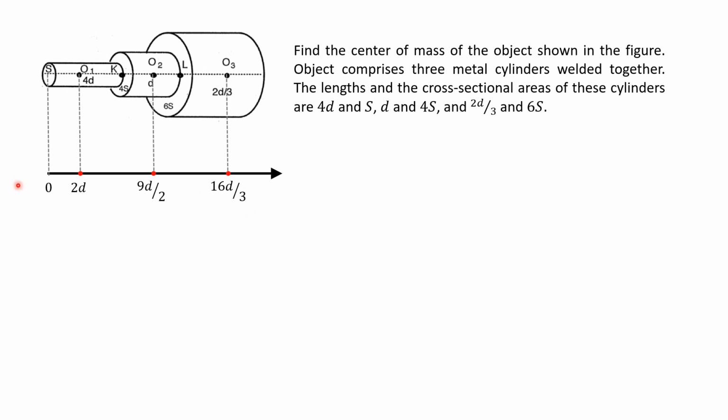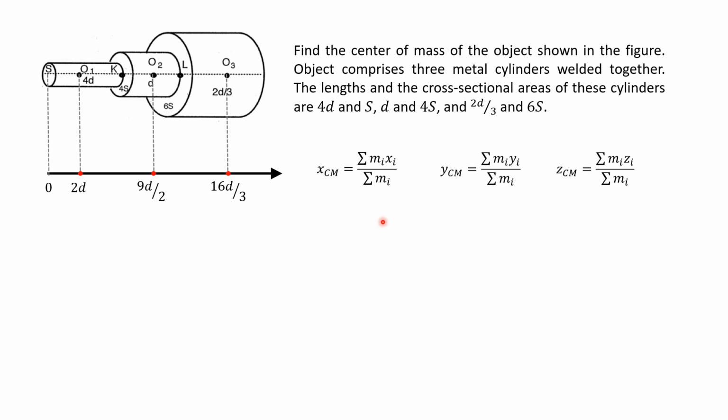So let's recall the formula for the center of mass of a collection of objects whose masses and coordinates are given. You just have to multiply the mass of each object with its corresponding x, y, or z coordinate, sum them up and divide by the total mass.